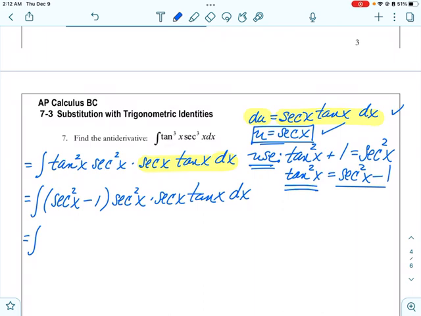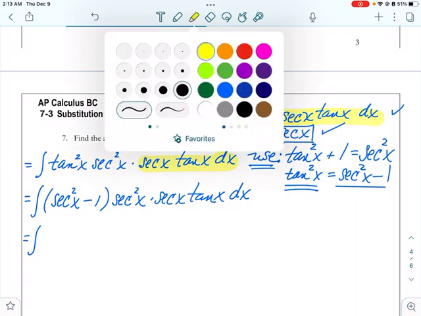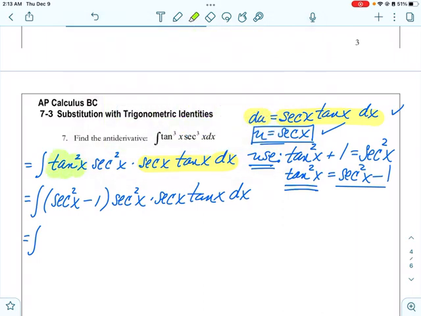So that's what I'm doing. I'm taking the tangent squared here. Probably a different color would be better. So if I take the tangent squared here and replace it with secant squared minus 1.